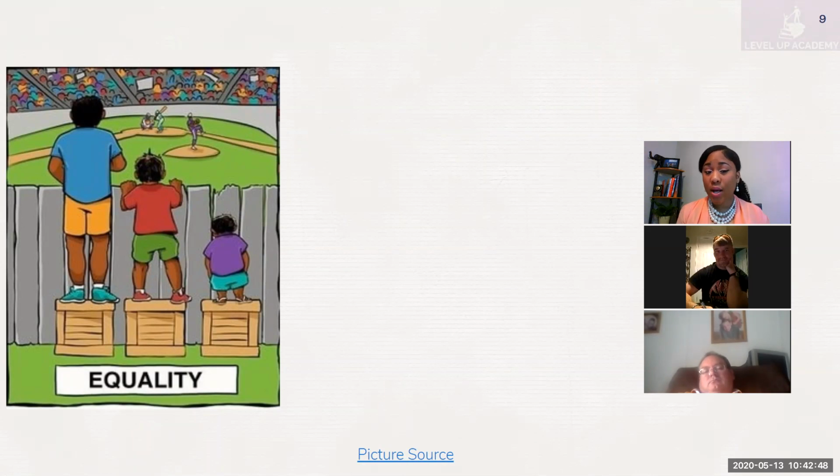So it says equality, but it's not equal because we see the smallest child can't even see over the fence. He doesn't even know what's going on in the baseball game. The middle child and the tallest child can, but this is an example of equality because they all have the same size box, but they all don't have the same access, okay?